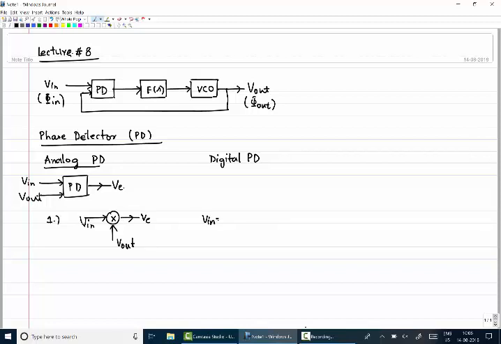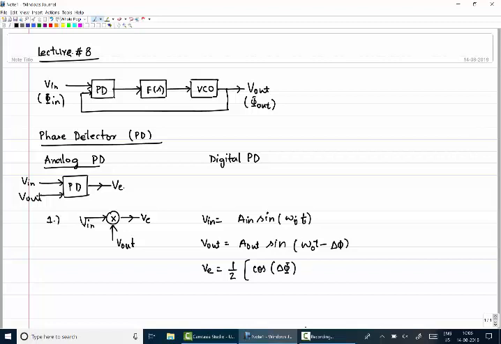For V in equals A in times sine of omega in T, and V out equals A out sine of omega out T minus delta phi, assuming they are the same frequency because right now I am only considering the phase error, then V error is equal to half of cosine of delta phi minus cosine of 2 omega naught T minus delta phi.